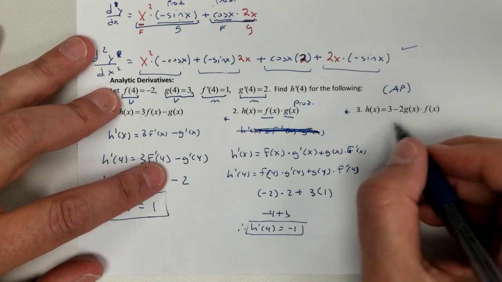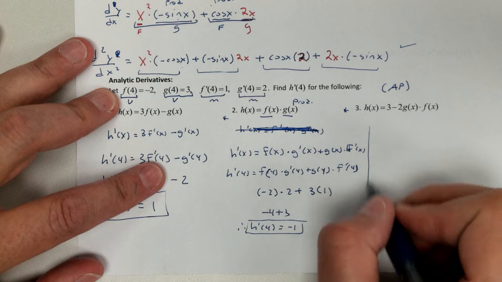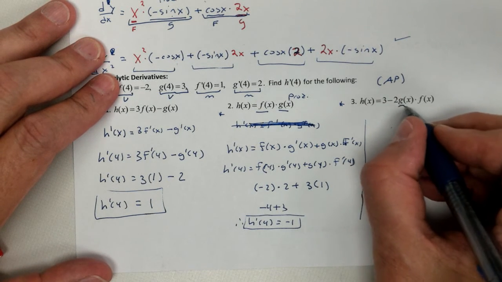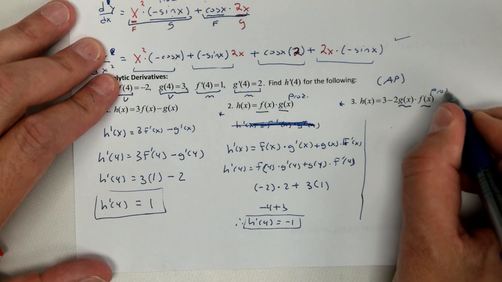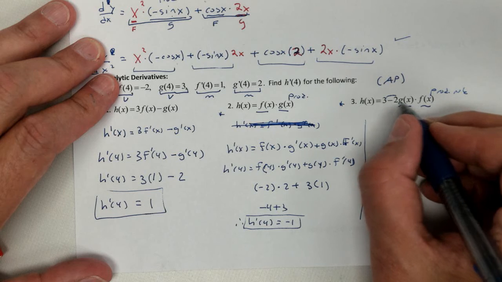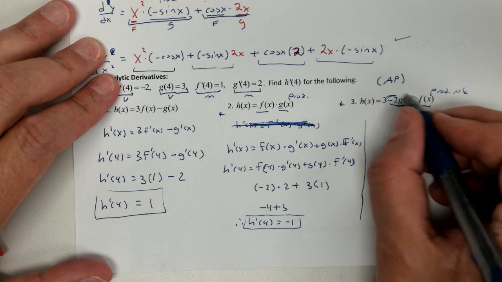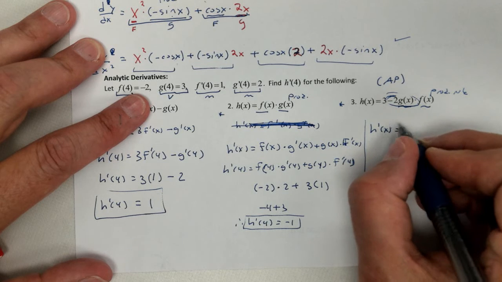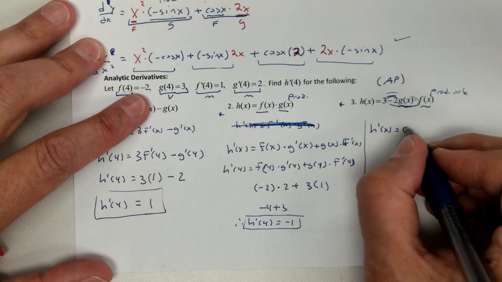This is a little bit trickier here. All right, so we're back. When I want to take the derivative here, again, I'm going to have a product rule. Now, if you notice, attached to the g is this negative 2. So I'm going to keep this negative 2 with the g. It makes it a little bit easier for us. The derivative of 3 is just 0.